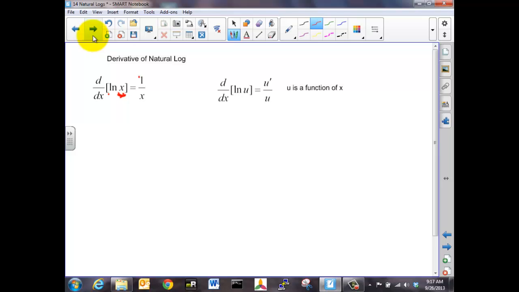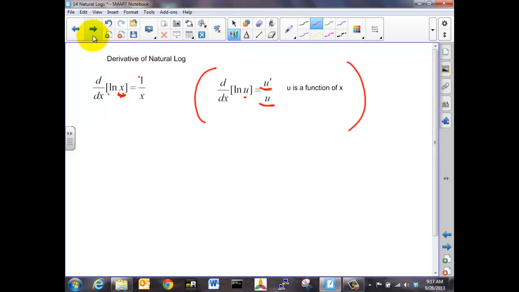Now, what does this mean out here? What does this second thing mean? That's right. If we're taking the derivative of something and it's not just x, if it's 2x, if it's 5x, square root of 3x squared plus 7x minus 9, then it's 1 over the argument times the derivative of the argument.